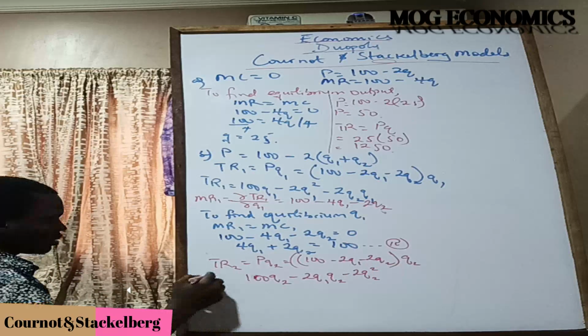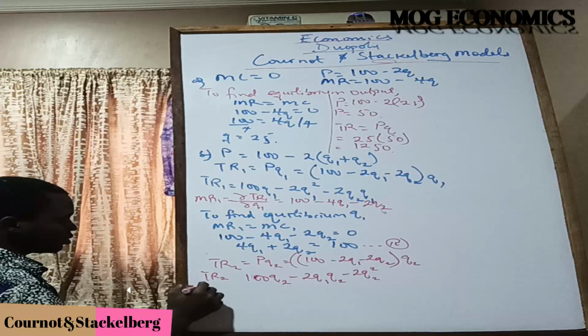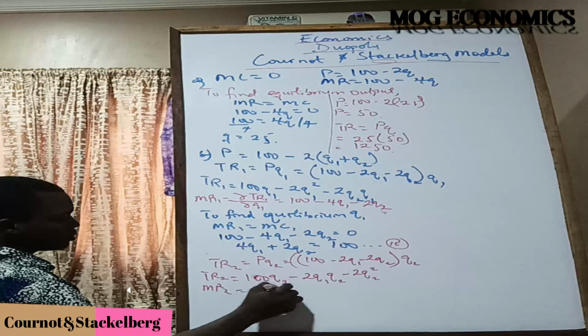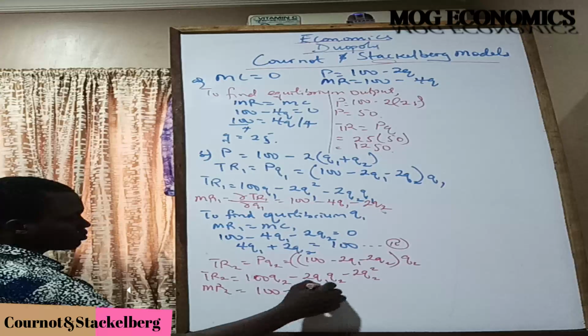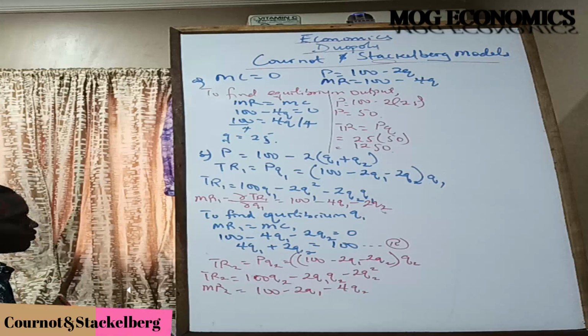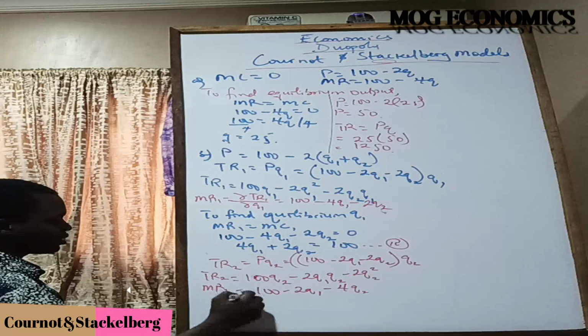So what is going to be my MR? MR2 is equal to 100 minus 2Q1 minus 4Q2. All of this should not be a problem, all this small differentiation that we are doing.